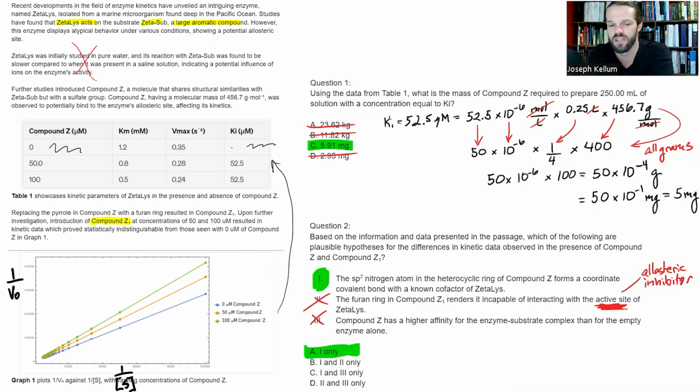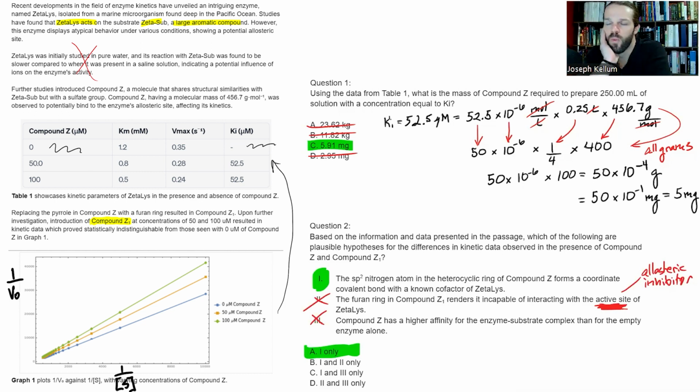Cofactors are usually transition metals that go into the enzyme. And if it forms a coordinate covalent bond with the cofactor, then that's probably going to alter the oxidation number of that cofactor, which is going to alter the way that the cofactor interacts with the organic enzyme. And so it's going to change the conformation of the enzyme.